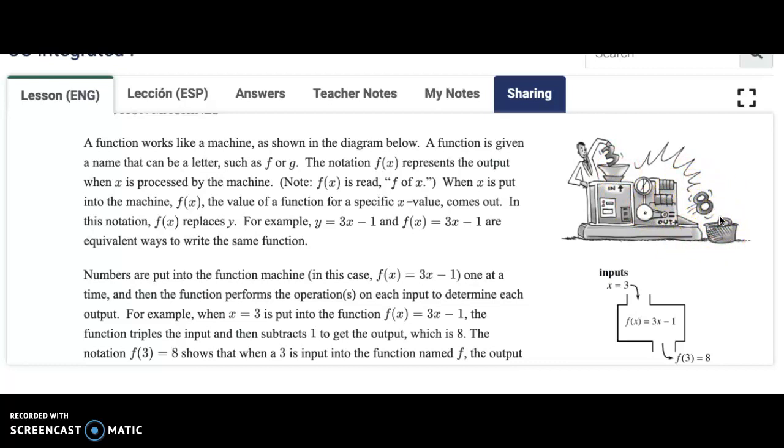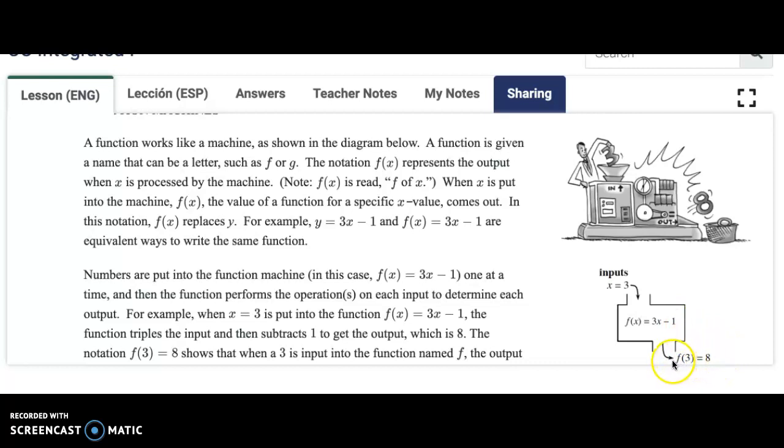Okay, think about like baking or something. You have all these little ingredients, you put them all together, you end up with a cake at the end. Same thing with a function. They give you an equation. You're going to start with an input value of like x equals 3. If I take that x equals 3 and I plug it into my equation, 3 times 3 is 9, minus 1 is 8.